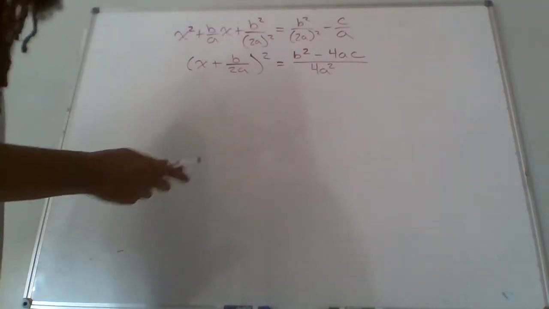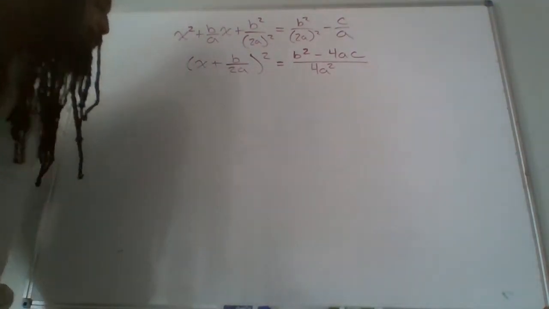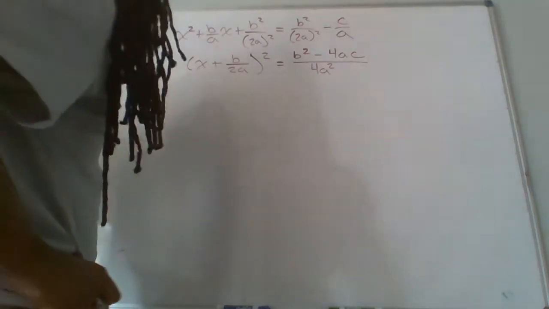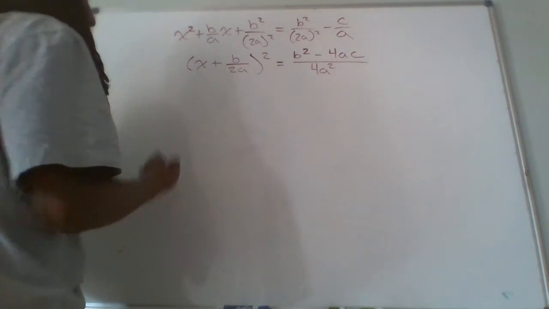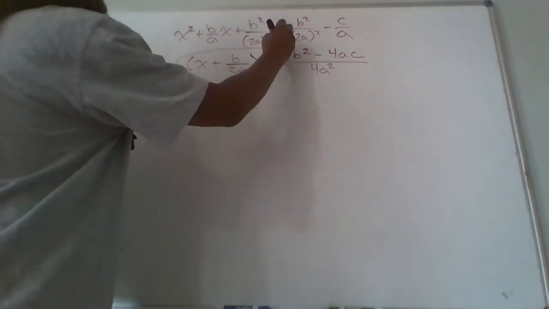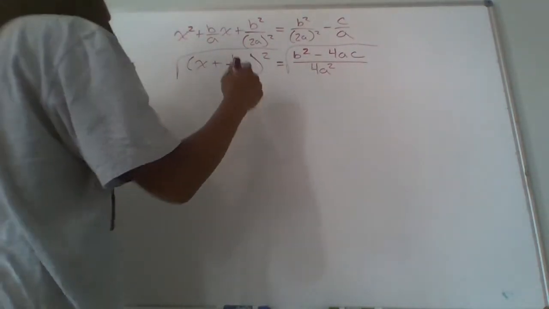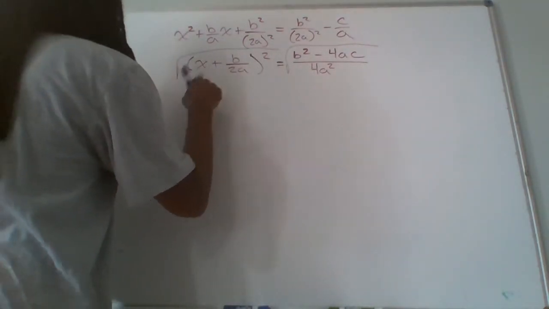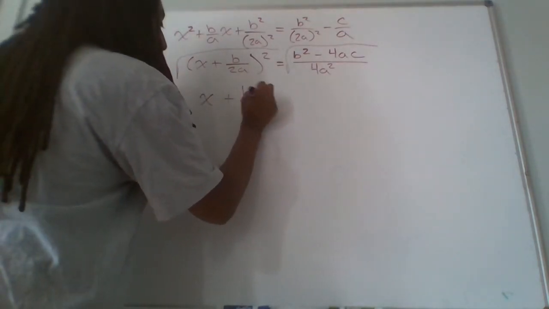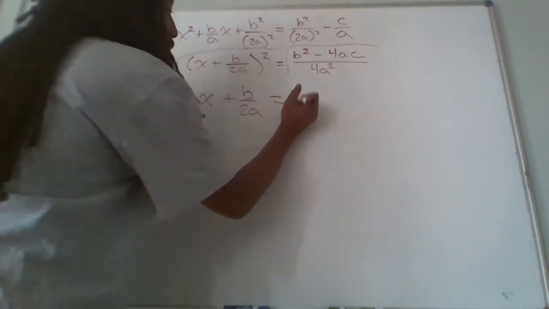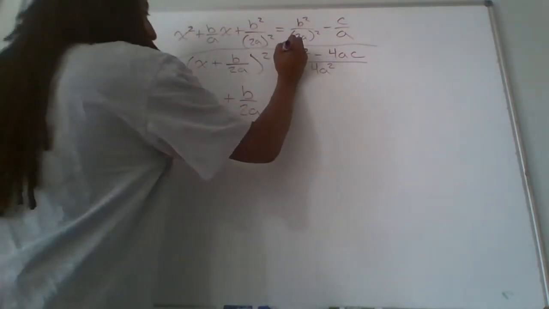Now, to solve for x here, we're going to need to take the square root of both sides. Right? And if we take the square root, then we don't even need our parentheses, we get x plus b over 2a is equal to, when we take the square root, remember we have to take plus or minus the square root.